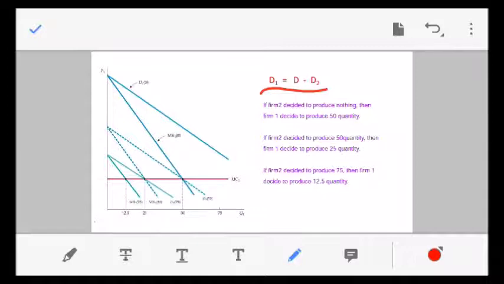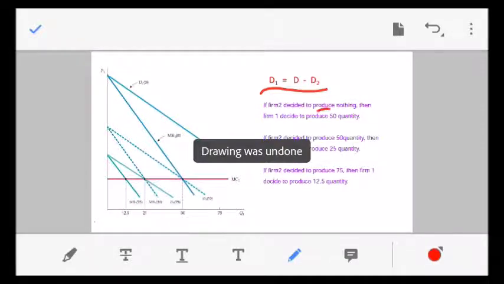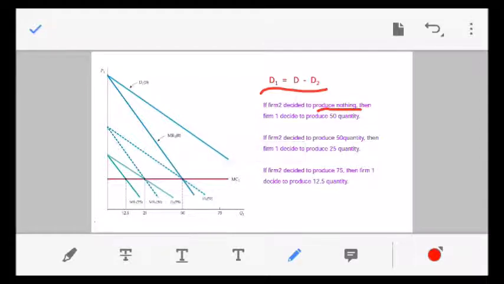If firm 2 decides to produce nothing, then firm 1 decides to produce 50 quantities.